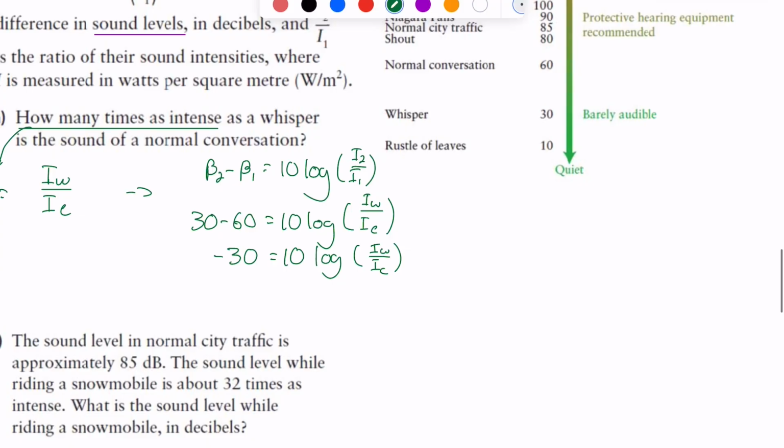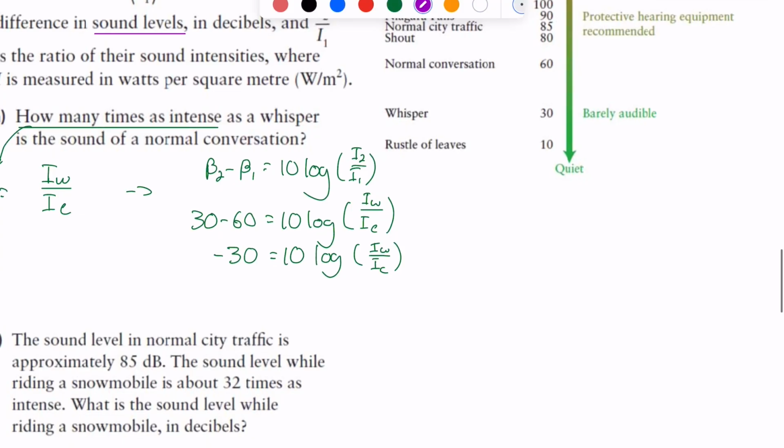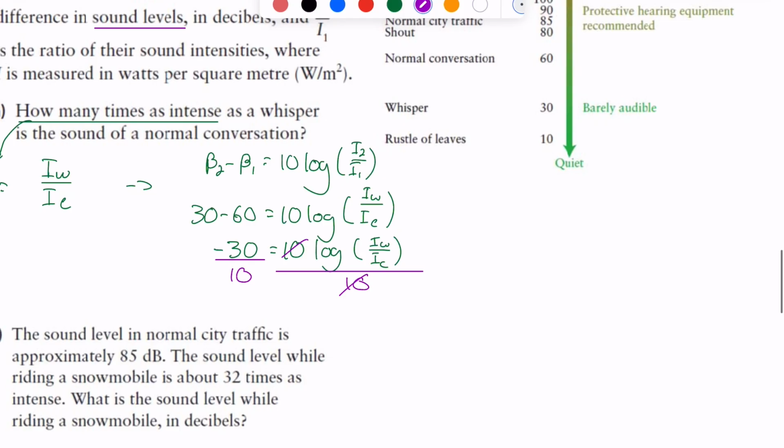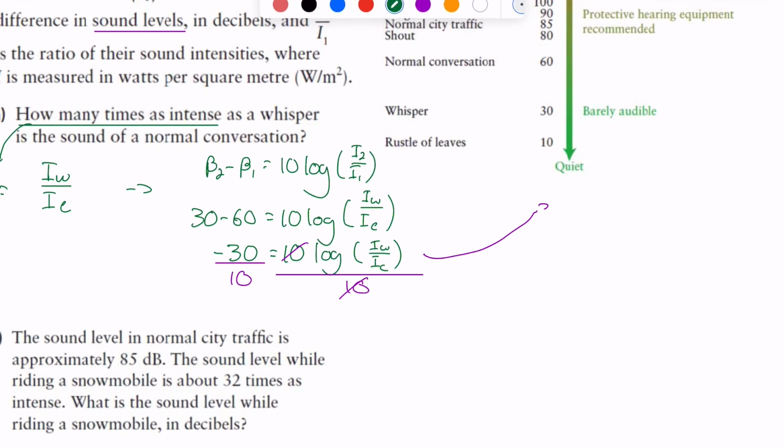So if I rearrange and solve for IW over IC, I need to first divide both sides by 10. And these cancel. On the left-hand side I'm going to have negative 30 over 10, so it's minus 3, is log IW over IC.